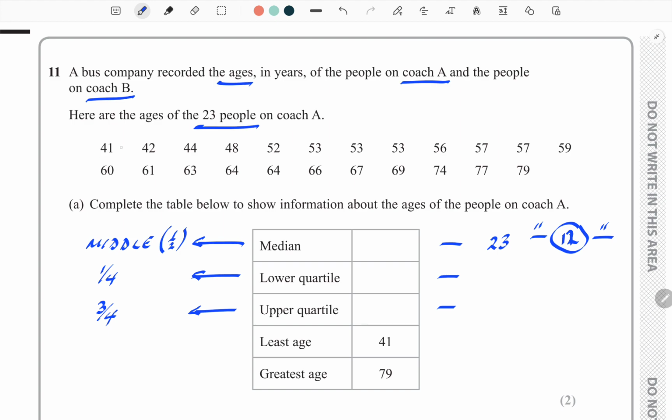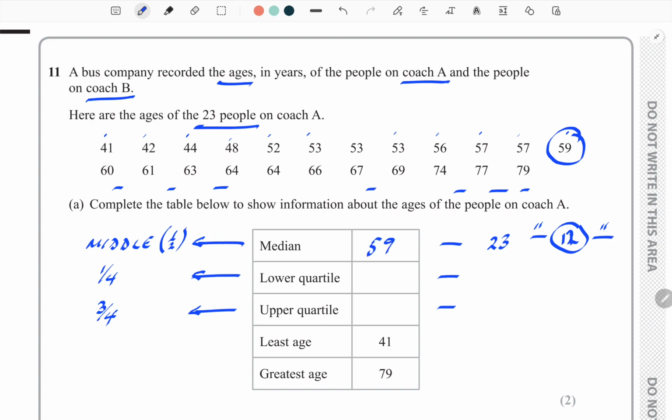So if we count along, you've got 41, 42, etc. So 1, 2, 3, 4, 5, 6, 7, 8, 9, 10, 11, and 12. That's your median value. You notice that's exactly 11 data points below 59 and 11 data points above 59. So the median value we've just shown is 59.